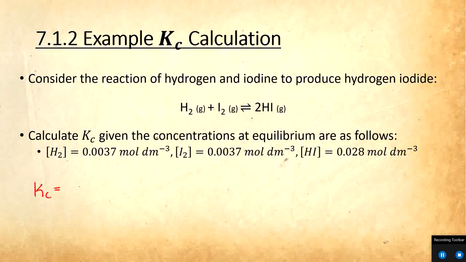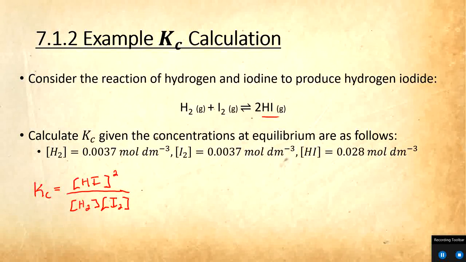So Kc, which is the products, HI raised to their coefficient. So [HI] squared divided by [H2] times [I2]. So everything is multiplied and everything is in square brackets because we're dealing with concentrations.